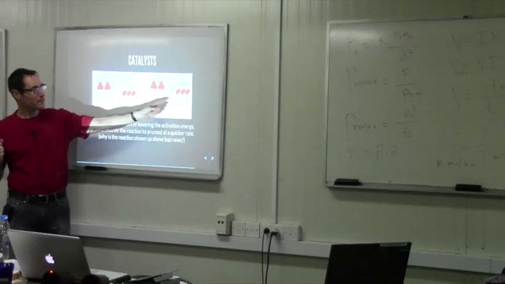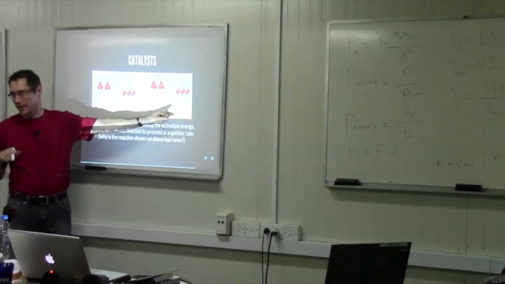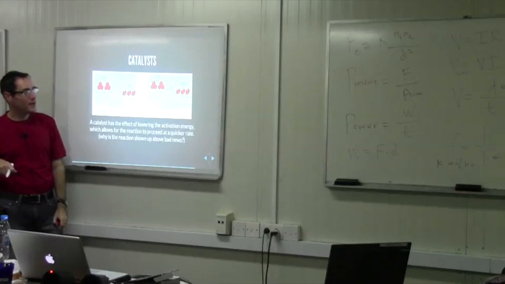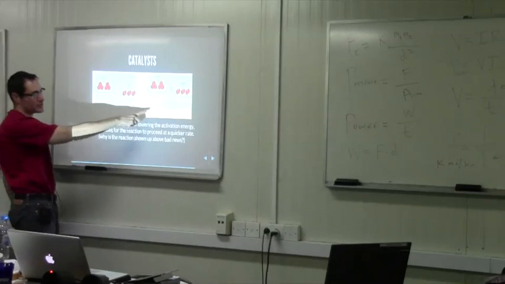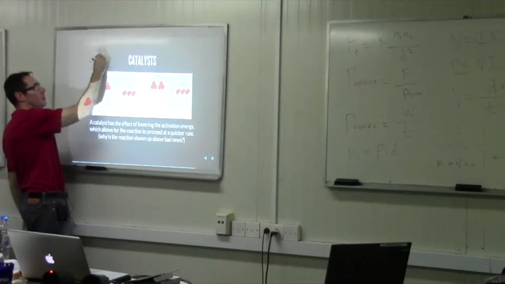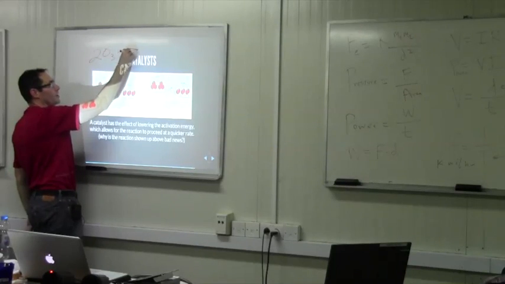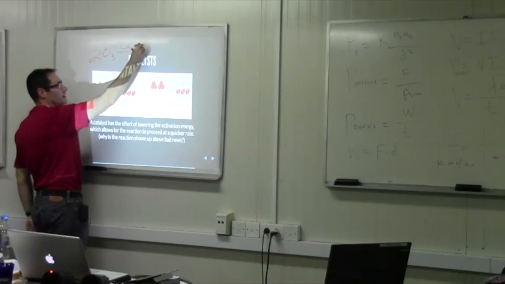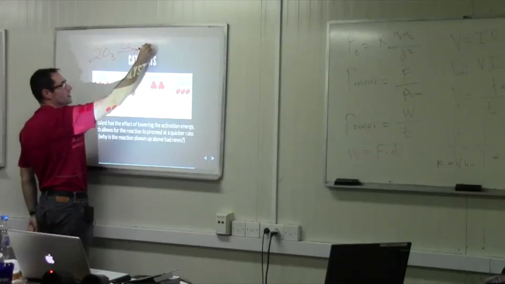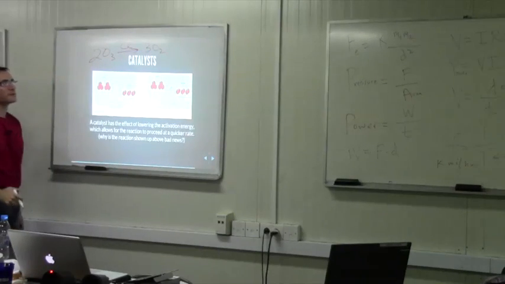If, however, you put some chlorine into the mix, and this is how we write this: we have 2 O3 with the addition of chlorine gives us 3 O2s.